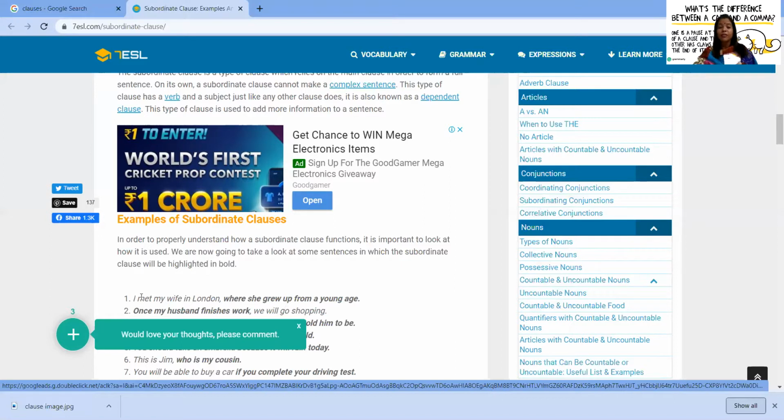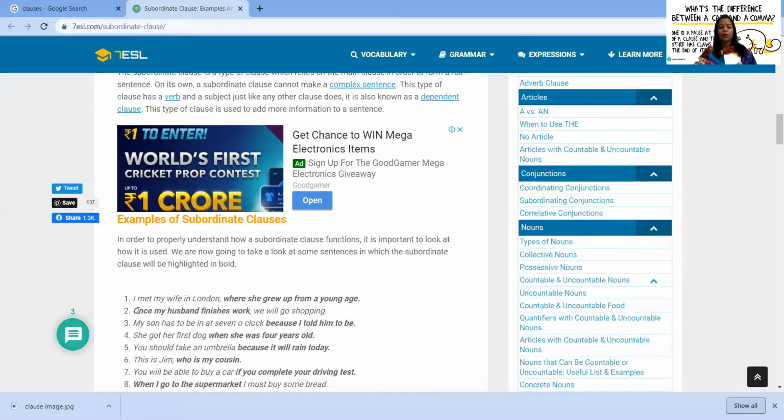Full in the sense it is complete in its meaning, right? So that is the reason why here it is highlighted, just to make all of us understand that it needs help, so we need to help it. All right, so that is the reason why I met my wife in London is helping it out. It's helping this part of the sentence to make it a complete sentence.